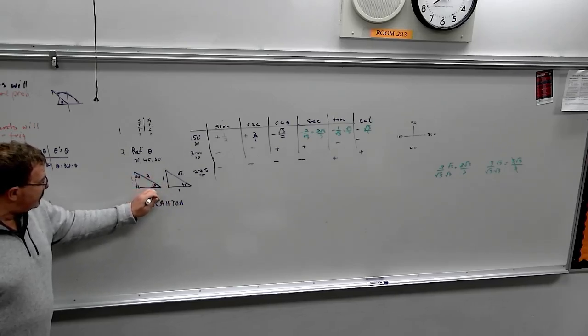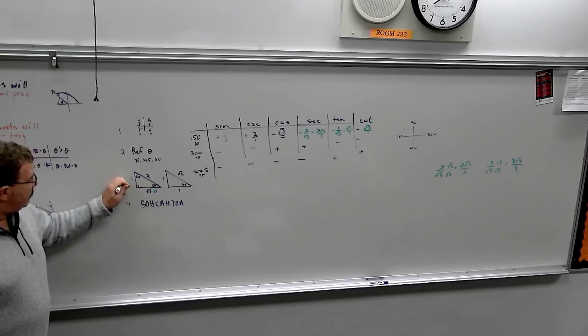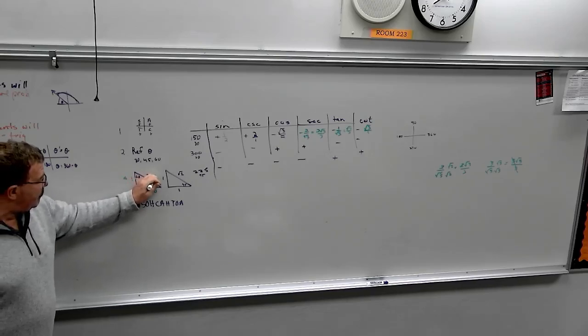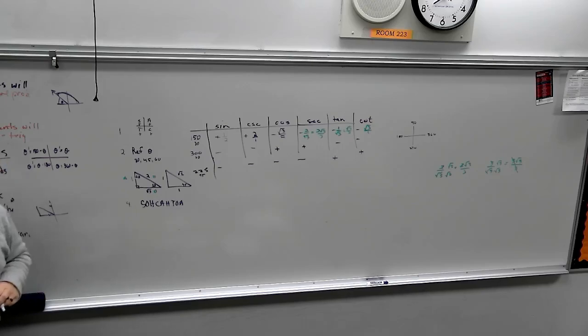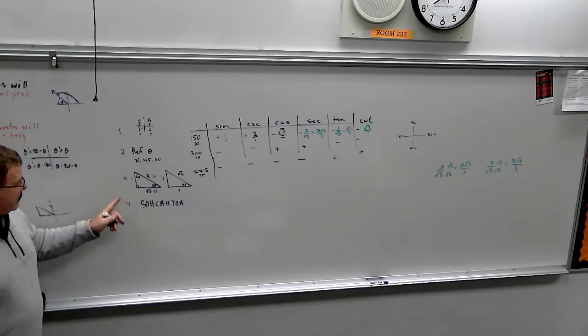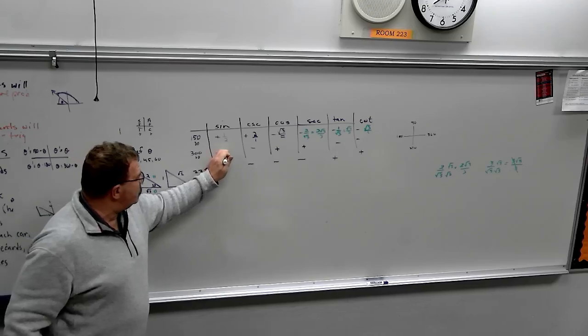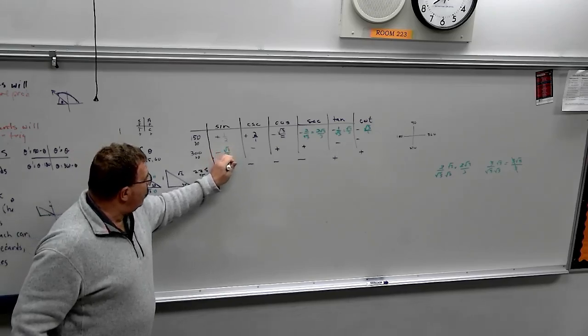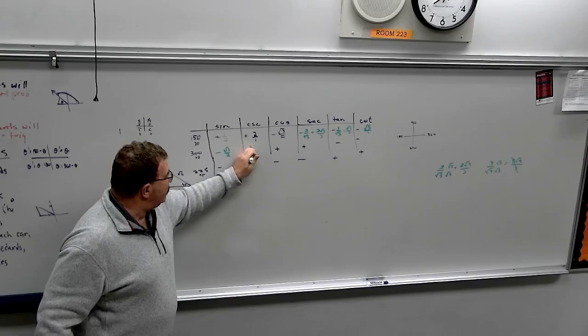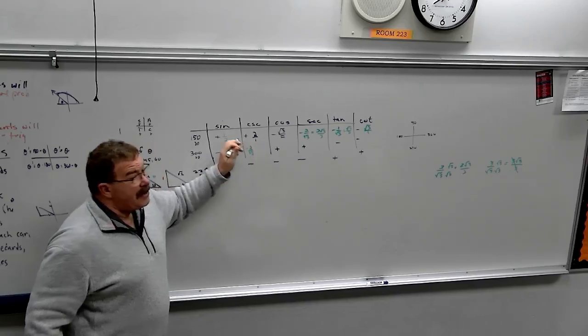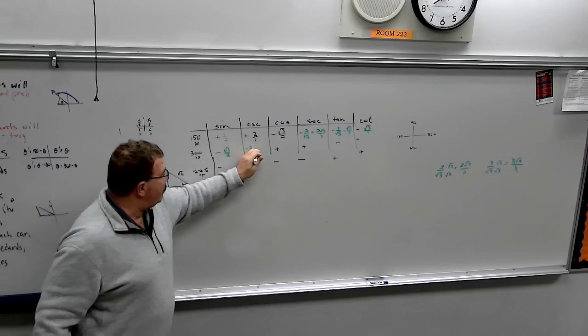So 60, this would be my O, this would be my adjacent, and this would be my hypotenuse. Okay, so just relabel those if you need to see those. All right, let's go to work. Sine. Opposite over hypotenuse, root 3 over 2. So, cosecant is 2 over root 3, which is 2 root 3 over 3.